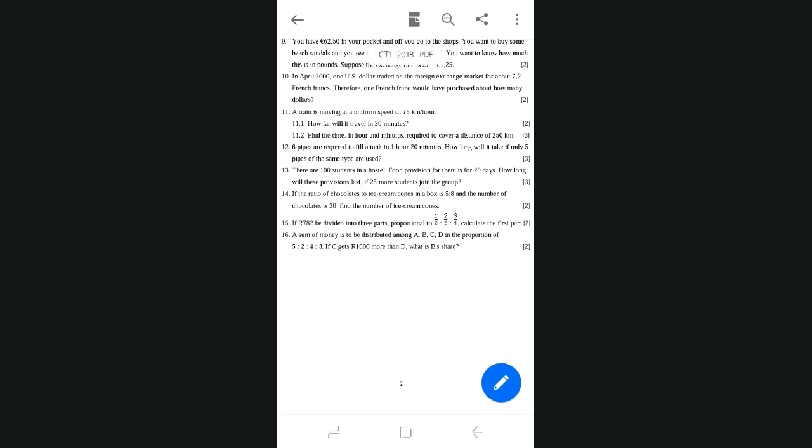So this one is an inverse proportion. Days will be equal to k divided by number of students.